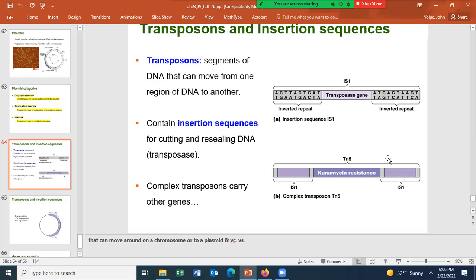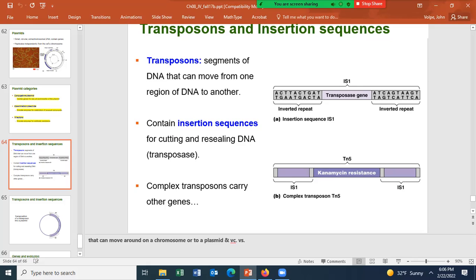Complex transposons can carry other genes in the transposon, such as this transposon here, which includes the gene for kanamycin resistance.